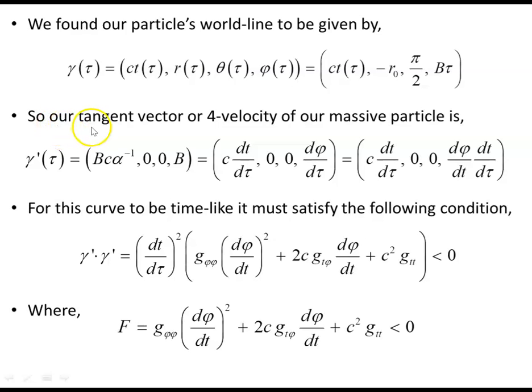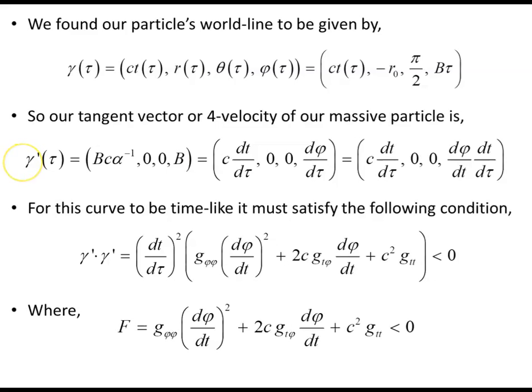Now, our tangent vector or forward velocity of our massive particle is, I'm just quoting results, this one here. The reason I re-quote this is that this forward velocity needs to be time-like.